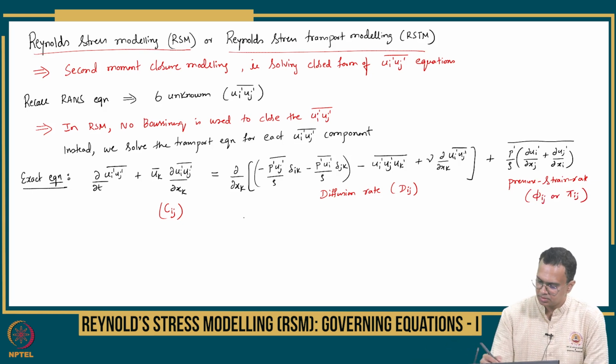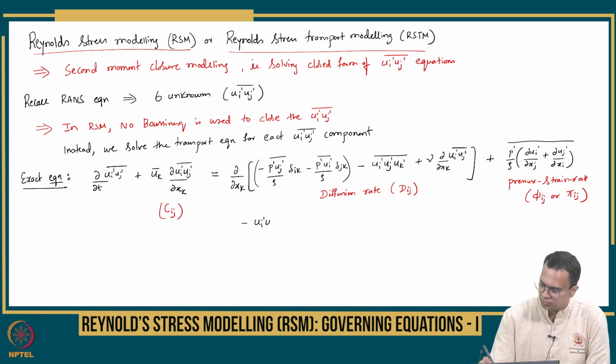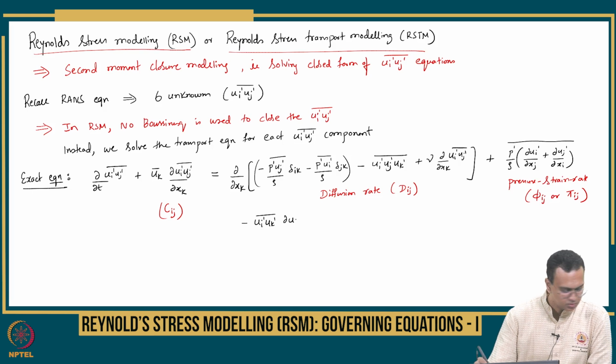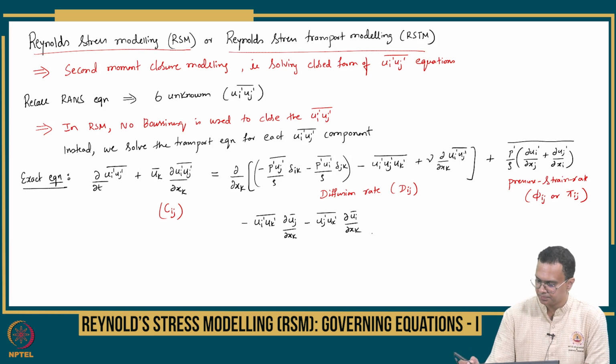So I have the two terms and then two more, which is the production rate term. So I have minus ui prime uk prime average dou uj bar by dou xk minus uj prime uk prime dou ui bar by dou xk.